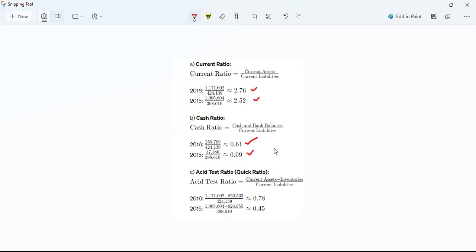So we have 0.6 and 0.09. Then the quick test ratio, or the quick ratio, is simply current assets minus inventory over current liabilities. So it's this figure, we just subtract our inventory. So 1.7, then we identify the inventory.